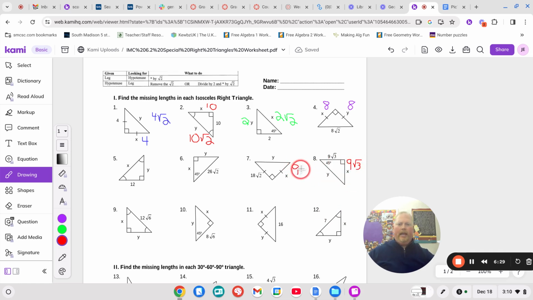So I'll take 9 square root of 3 and multiply it by square root of 2. So then square root of 3 times the square root of 2 is just square root of 6. So my final answer for the hypotenuse is 9 square root of 6.